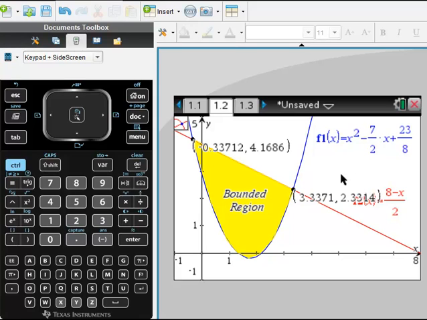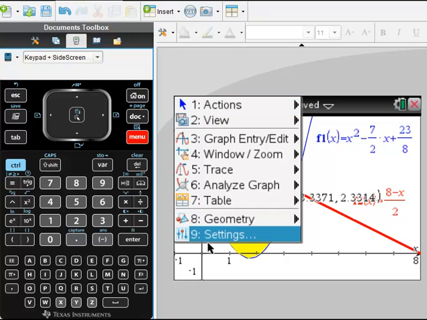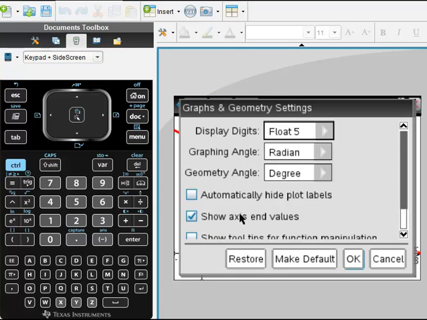Now that's quite a bit of decimals appearing on my graph here, and for the graph I don't want it to maybe have quite so many decimals here, make it look a little nicer. So what I will do is, let me escape, put that tool away, go to menu, go to settings.